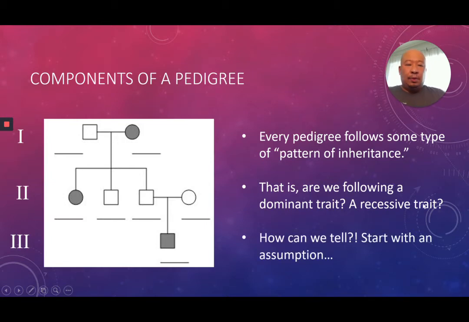So in the next couple of slides, I'll show you how to figure out what the inheritance patterns are, just some of the basic ones, as well as whether or not individuals are dominant and recessive. That's something you can also easily figure out just by looking at a pedigree.